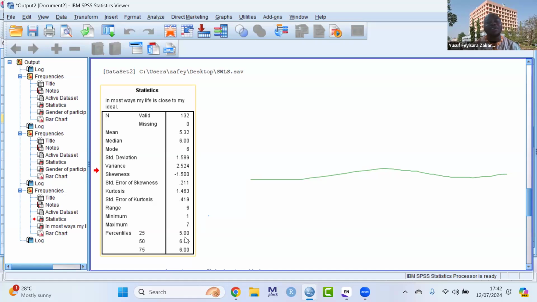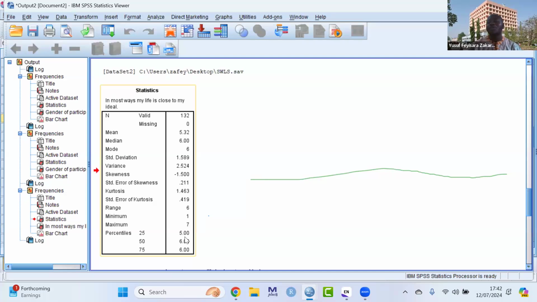1 over 4 is the first quartile. I hope this is clear. 1 over 4 is the first quartile, 2 over 4 is the second quartile, 3 over 4 is the third quartile.